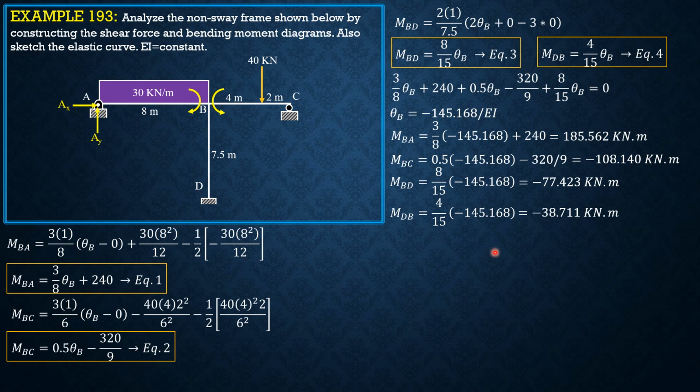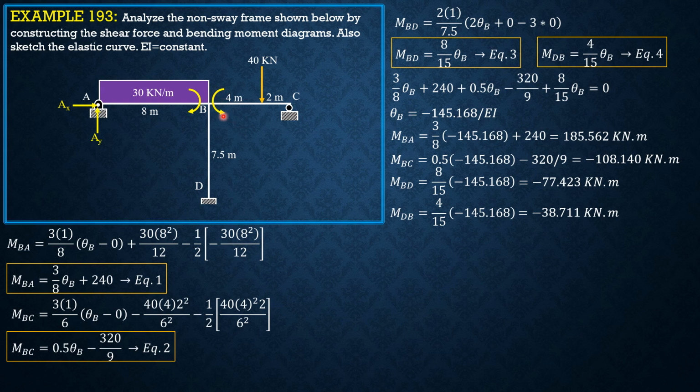From there, we can solve for the other reactions. We have AX and AY, which are the assumed directions. MBA is positive, so from the slope deflection equation, it is clockwise as shown in the figure. MBC is negative 108.140, so it is counterclockwise in the figure.